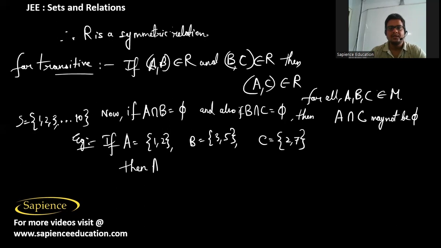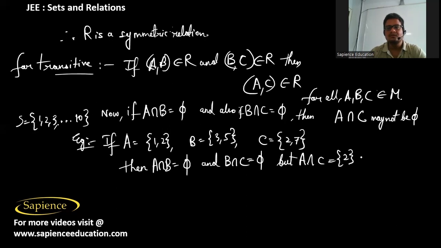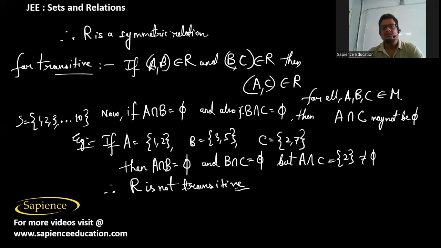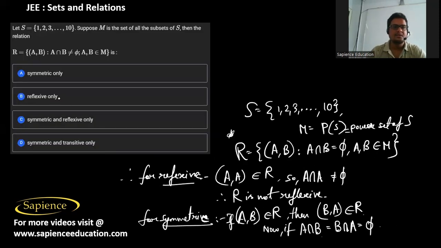Then A intersection B is equal to phi and also B intersection C is equal to phi, but A intersection C equals 2, which is not equal to phi. So therefore, R is not a transitive relation. So R is symmetric only. So option A is the correct answer.